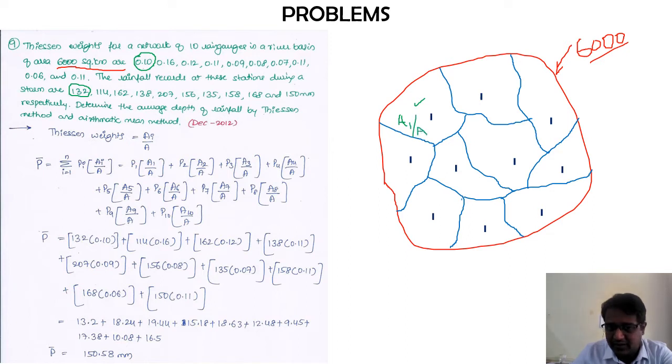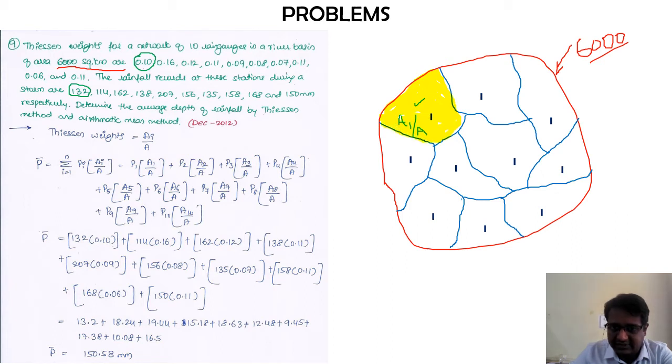That is, the area of this particular section divided by the total area of this entire catchment.